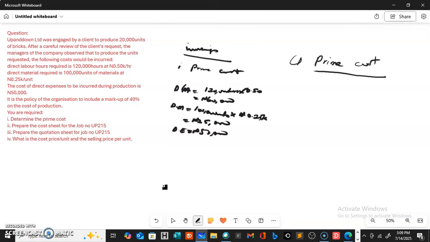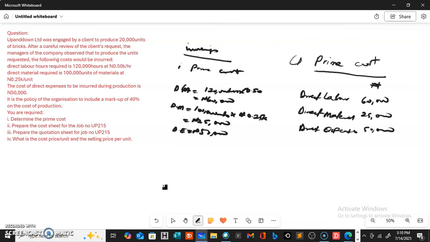So the prime cost is, let's put the naira sign. We have direct labor, which is 60,000. We have direct material, which is 25,000, and we have direct expenses, which is 50,000.